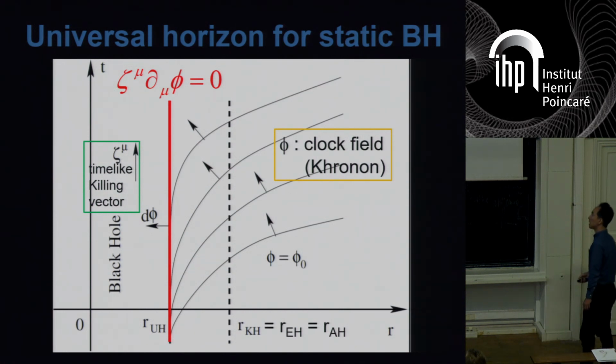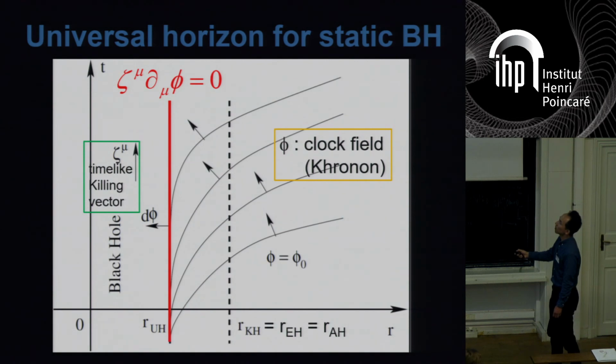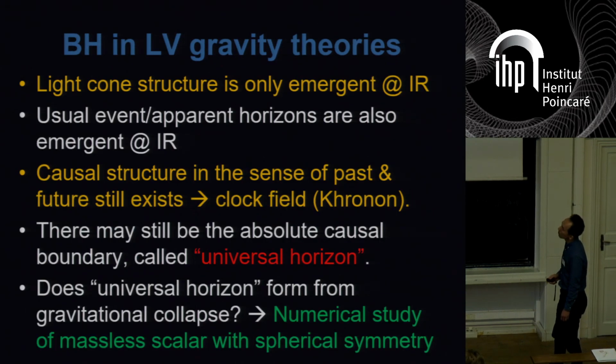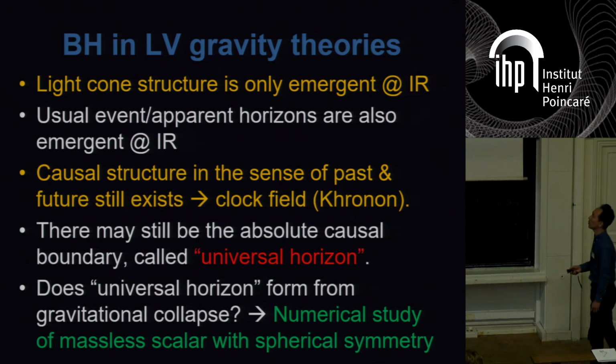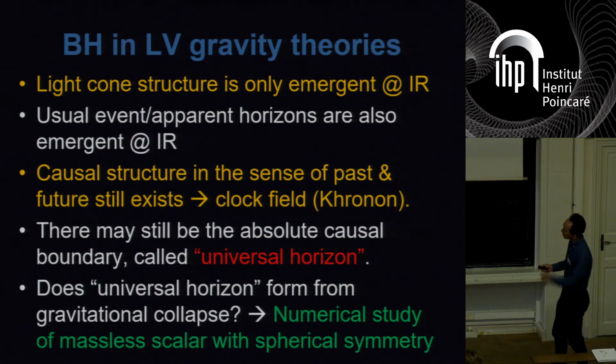In this case, this radius is called the universal horizon. And we wanted to know whether a universal horizon can form from gravitational collapse. So we need to do some numerical study. For simplicity, we consider a massless scalar field with spherical symmetry.